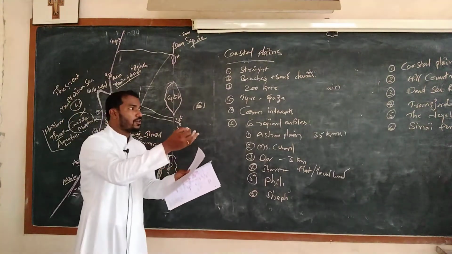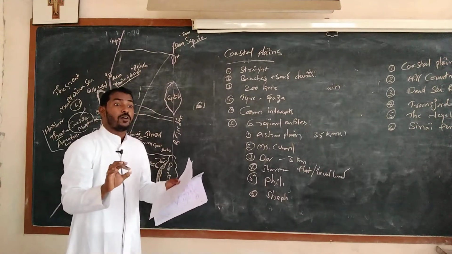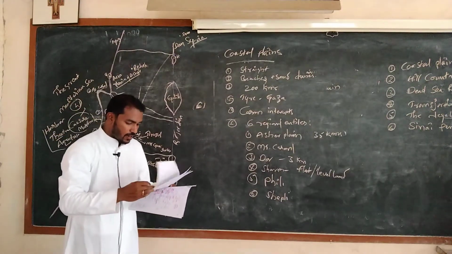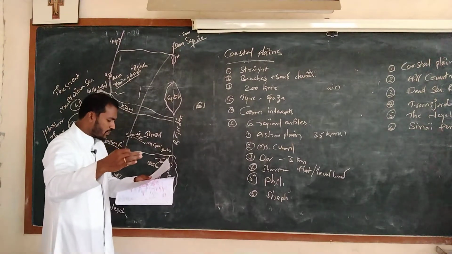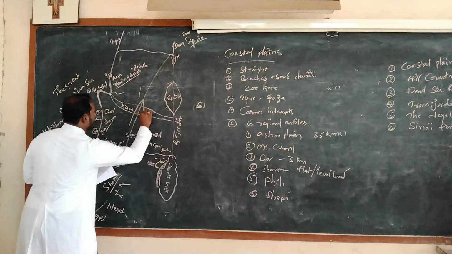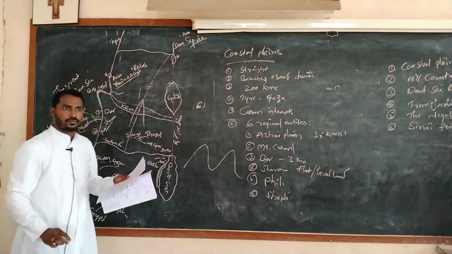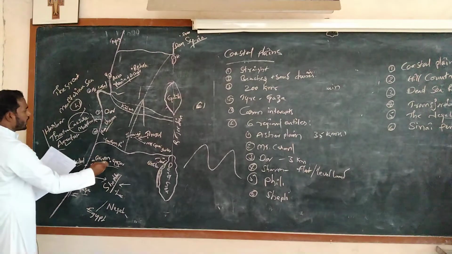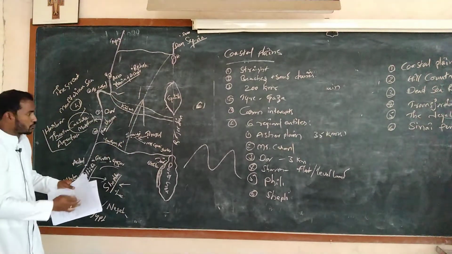Different rocks are found: some are very strong, some are in the form of chalk, which becomes powder. This region consists of isolated narrow ridges, which means some are high, some are low. Already we have seen some of the main places: Upper Galilee, Lower Galilee, Samaria, Judah, and so on.